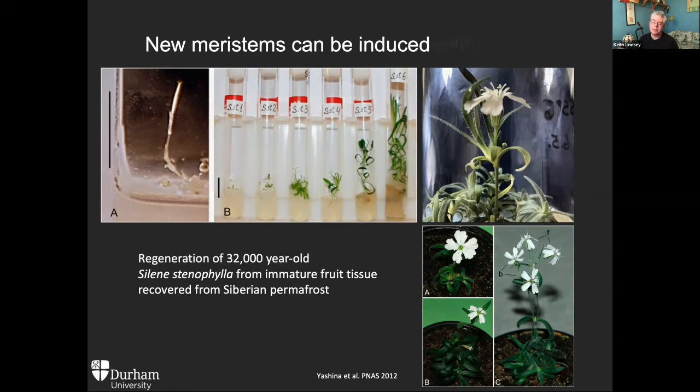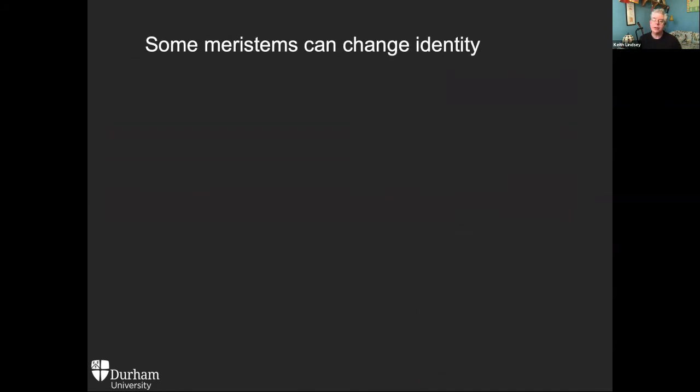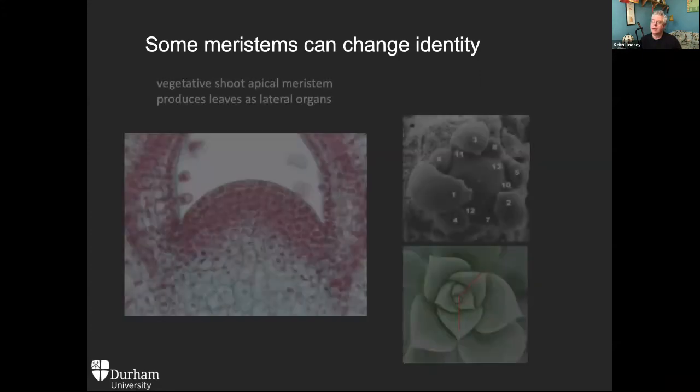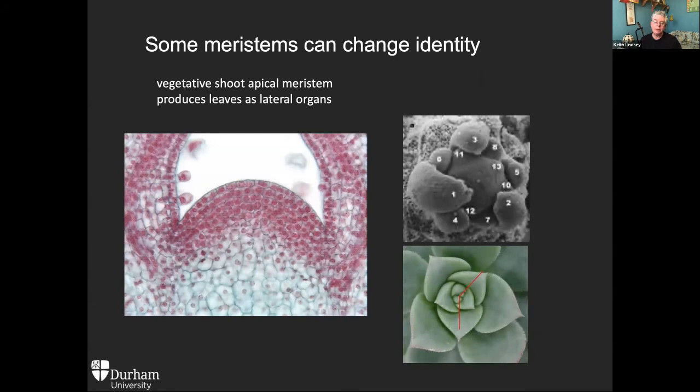So the meristems, again, are pretty important to the strategies that plants have for developing. And meristems can change their identity. So another example of the plasticity that we see in plant development. And the example I'm going to talk about in relation to identity change is in the shoot apical meristem.